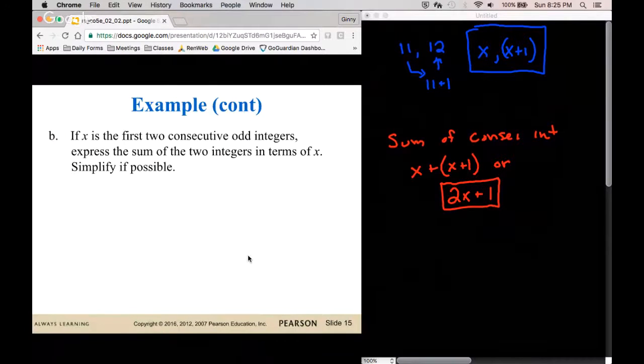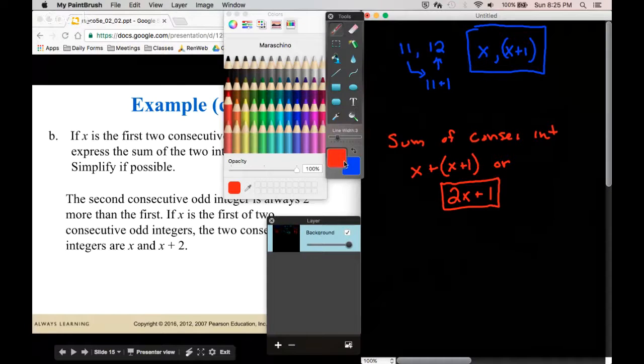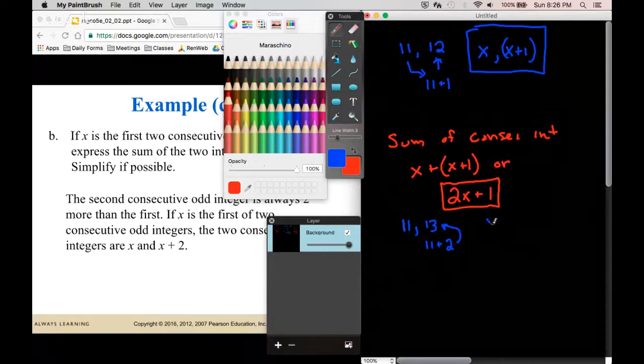All right, so if x is the first of two consecutive odd integers, express the sum in terms of x. So two odd integers, so let's use the same number we used before, 11, and the next odd one, 13. Okay, 11 plus 2 is going to give you that 13. So that's the same thing as saying x and x plus 2.